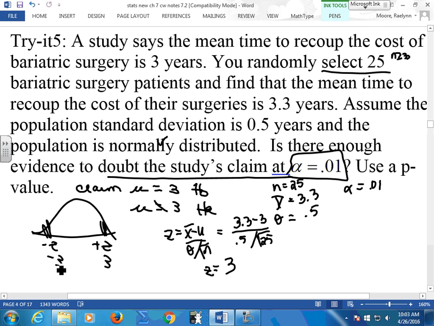I need to find the area. So I have two equal tails. Find me the area of one of those tails.